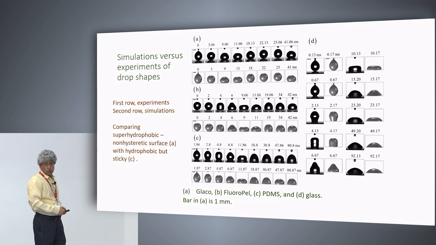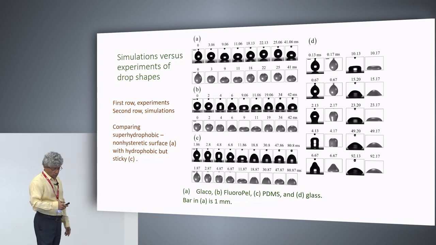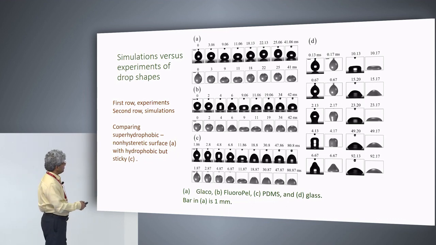Of course, if you want to test simulations versus experiments, you have to match the interface shapes. The first one is glaco, super hydrophobic, low hysteresis, with a little bit of a recoil. First row is experiments, second row is simulations. There is recoil happening at practically the same time instant.